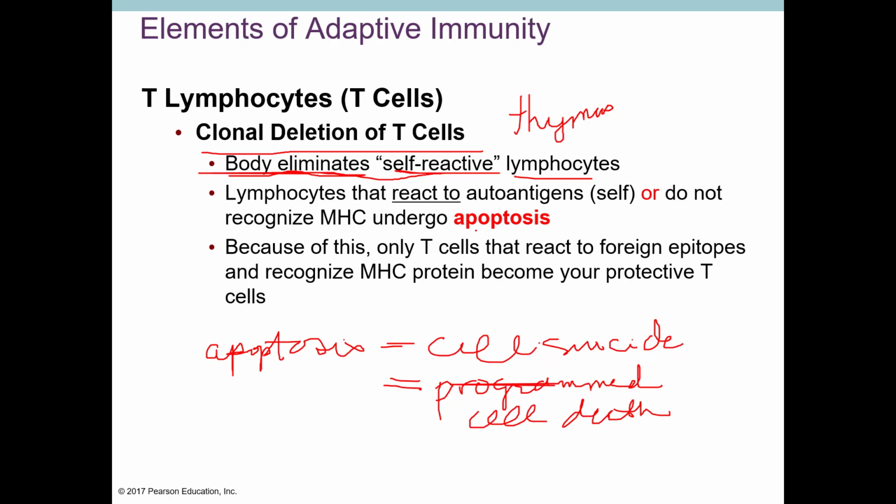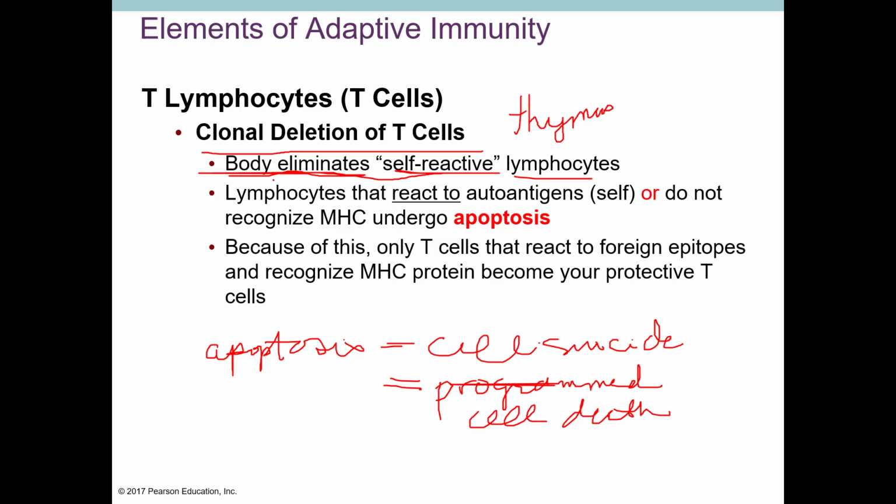And what that does is prevent an autoimmune disease, because an autoimmune disease is where you have a lymphocyte that is self-reactive, and so when it detects self, it stimulates killing and production of antibodies, and that targets your own cells, which are then killed, which causes problems.